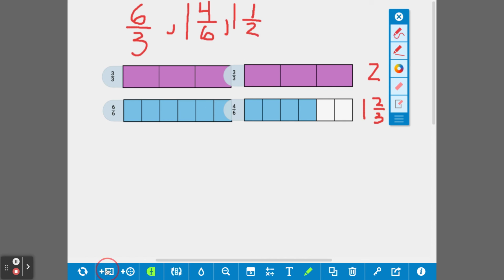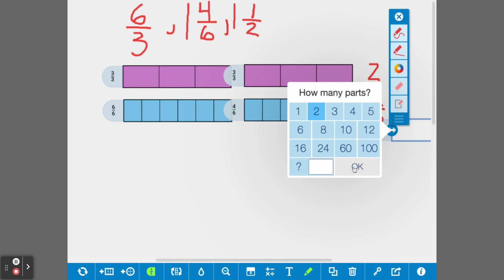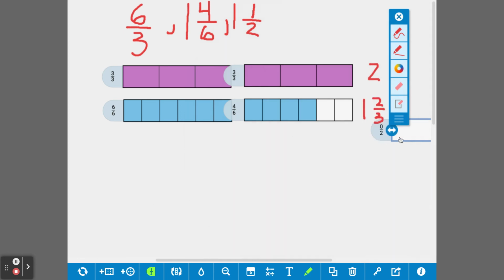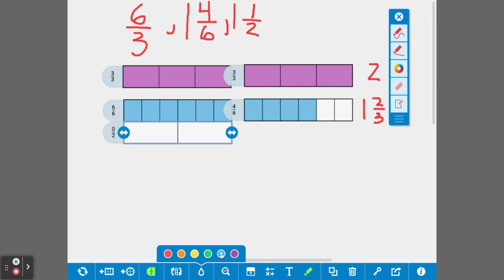I could do the same one, and I know I have 1 full one, and it's 2 parts. So that's my full one. So all of these have in common the fact that they all have 1 whole.